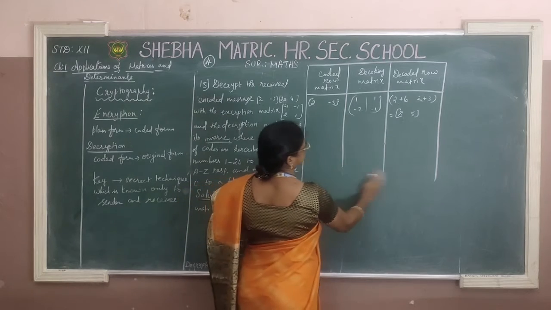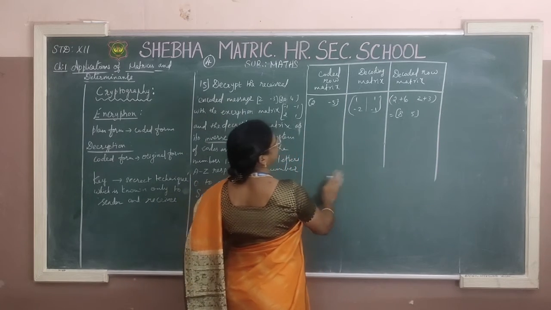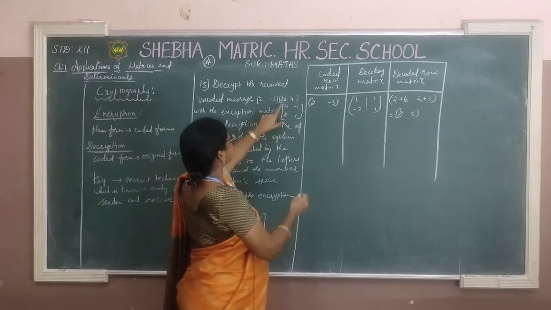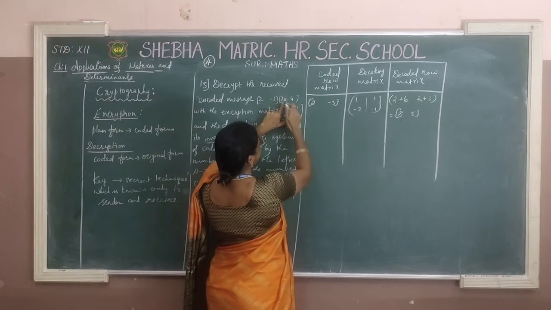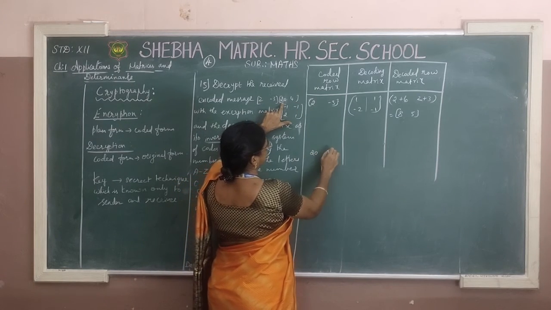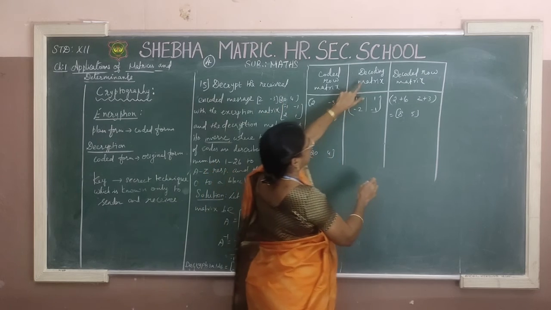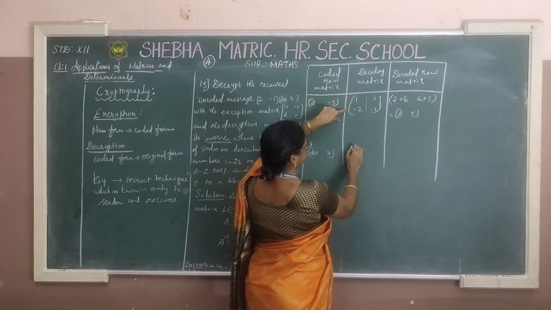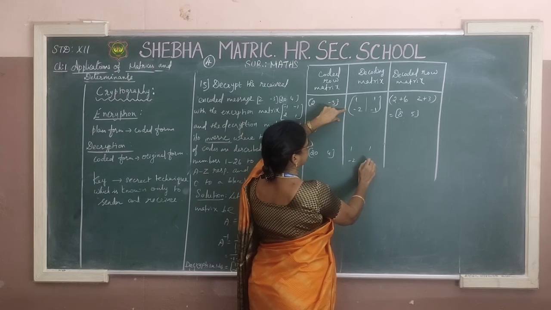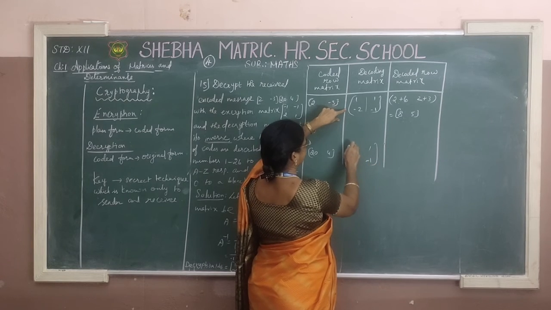Next, find the second decoded matrix as it is. Listen, first write [20 24] here, and the decoding matrix is the same, [1 1; -2 -1].